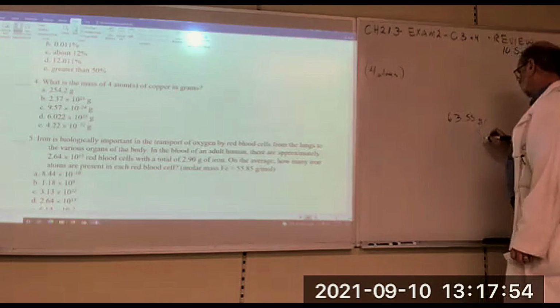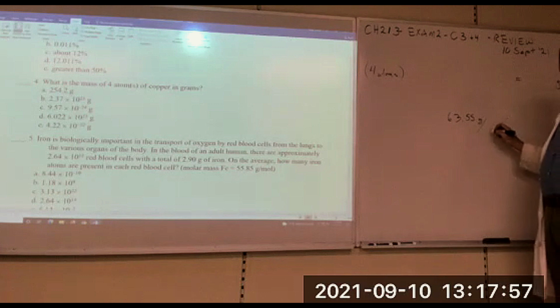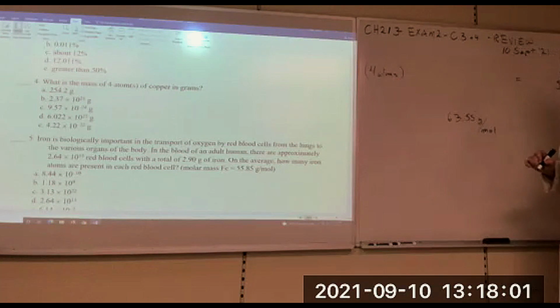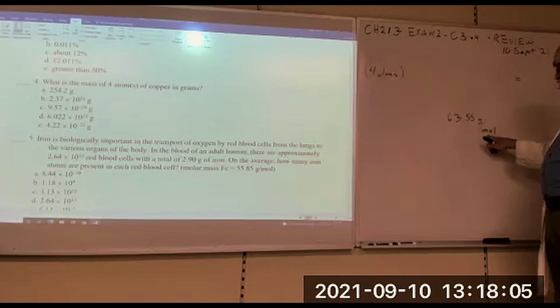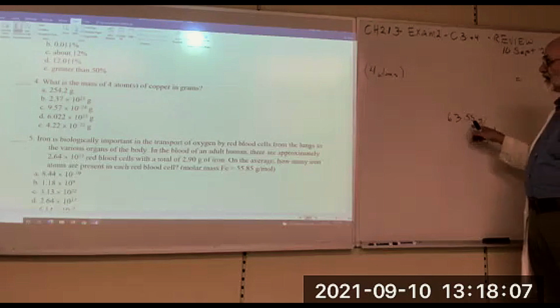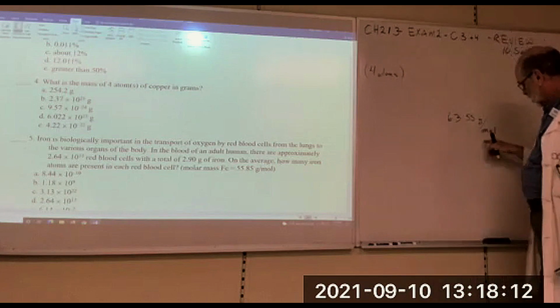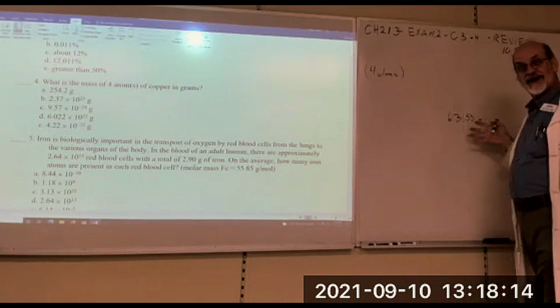Grams per what? Grams per mole. So this is counting numbers and this is mass. That's counting numbers. So we got to convert this into moles so that we can use this value.